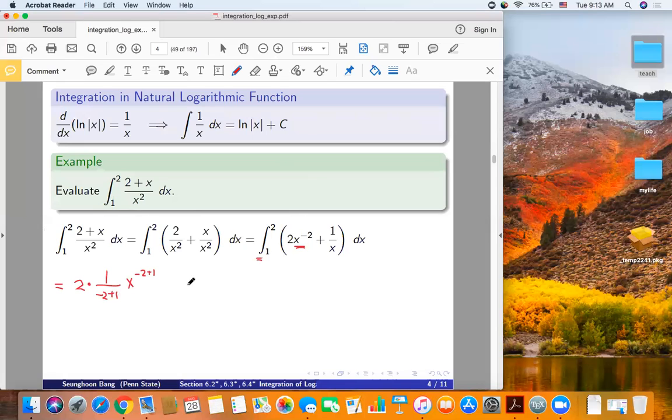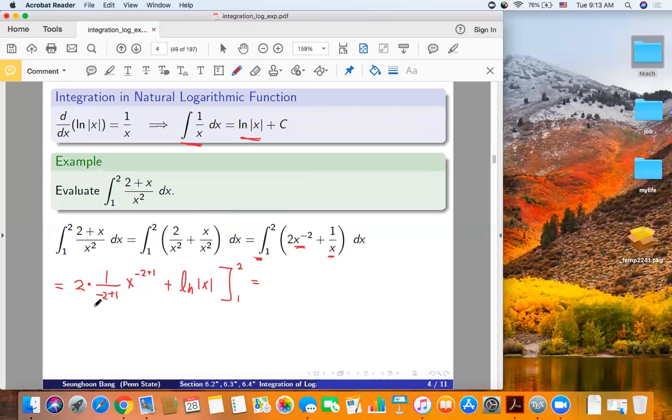This is the antiderivative. Next one, the integral of 1 over x dx is ln of absolute value of x, so plus ln of absolute value of x from 1 to 2. The next step, simplify.